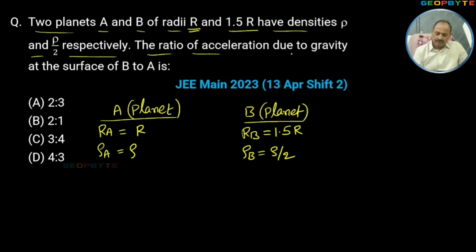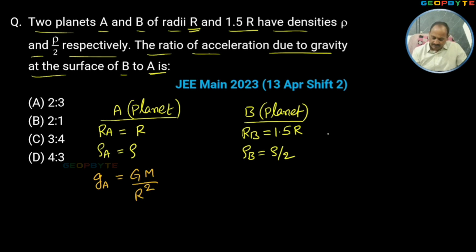The ratio of acceleration due to gravity at the surface of B to A. So acceleration due to gravity for A, GA, is equal to GM by R squared.